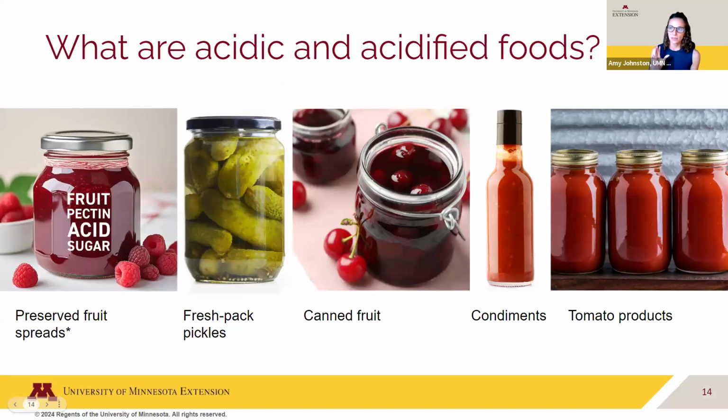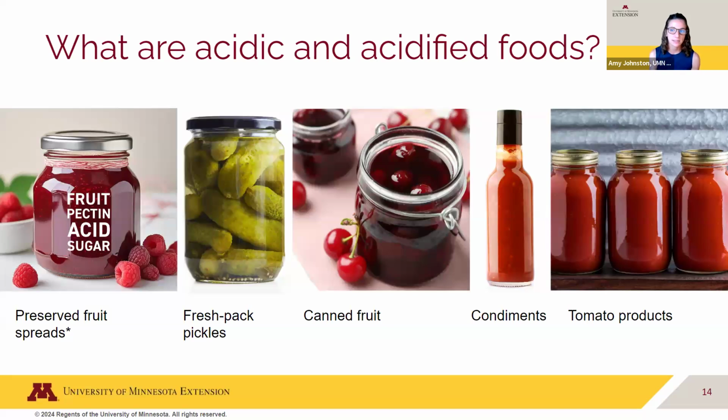So these are the acidic and acidified foods that we're going to touch on today, with just a couple caveats. I included preserved fruit spreads, like our jams, jellies, marmalades, conserves, preserves, because they do have that pH below 4.6.